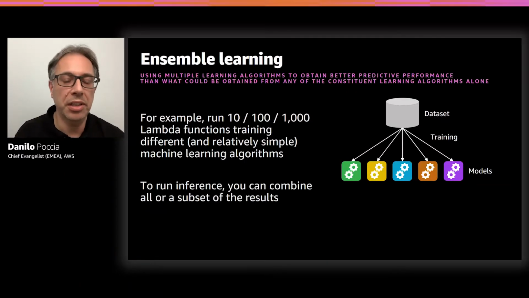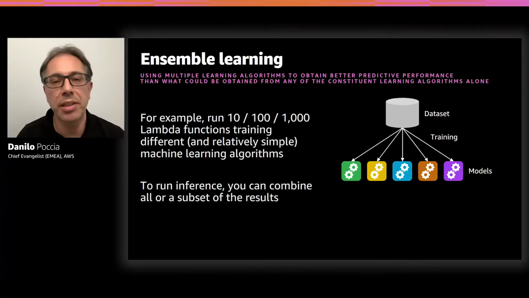And in doing so, you can use also simpler machine learning models, and the fact that you use them together gives a better result. So let's say that you have a data set. So instead of training a single machine learning model, again, it can be the machine learning model predicting the churn probability of your customers, instead of using a single model, you can use multiple models with different hyperparameters, or you can use different algorithms as well.